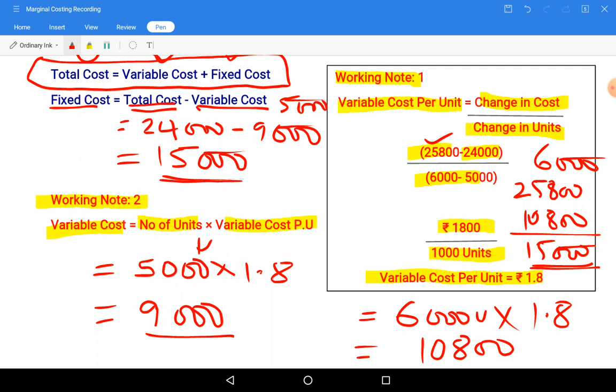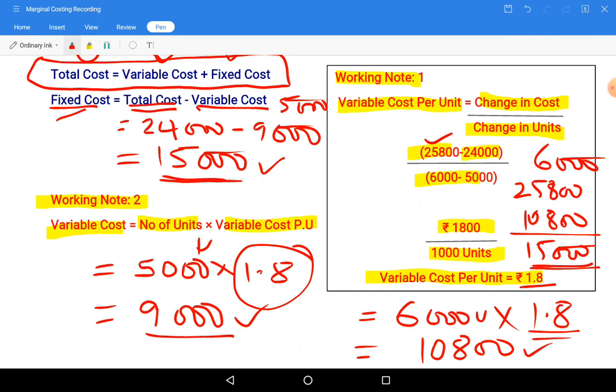So fixed cost will remain constant at any level of output, and variable cost will change. Here it is 9,000, here it is 10,800, but variable cost per unit remains constant. Variable cost per unit will not change, fixed cost in total will not change. This is the concept.